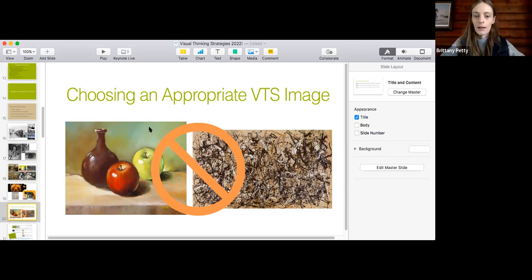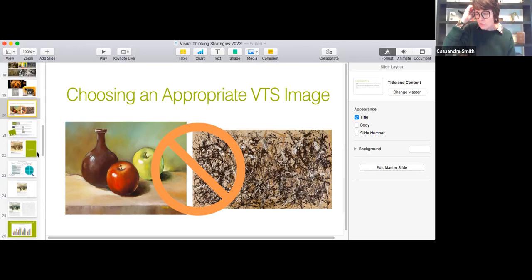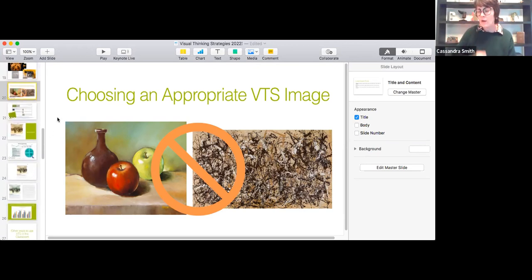But no, I don't think there's a problem. It depends on what you would use it for, you think? Well, like what you're saying, I thought of a connection to claim, evidence, reasoning. And I have kiddos interpret narrative art. I've used that with Norman Rockwell.